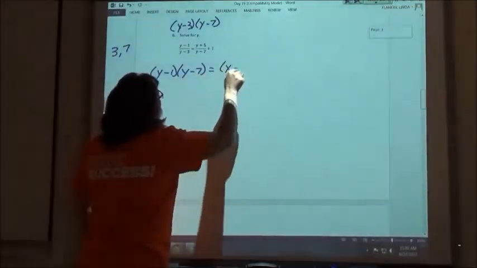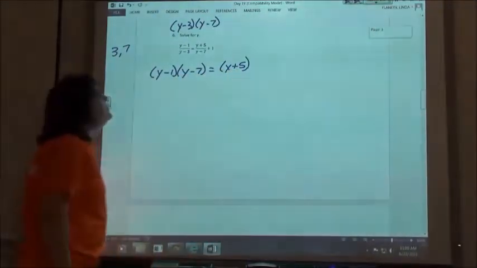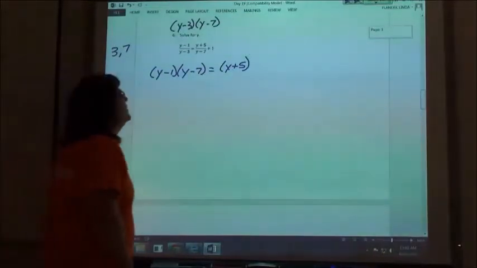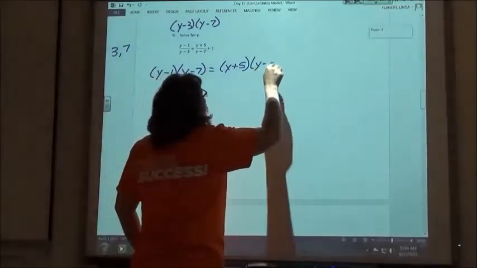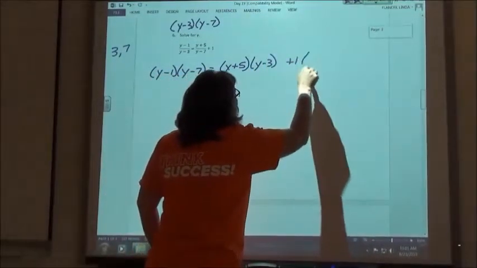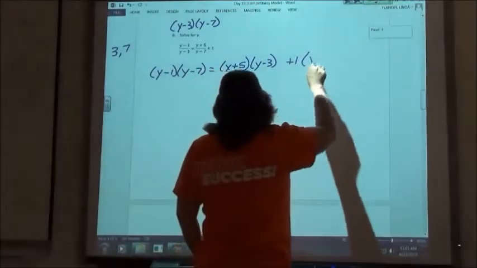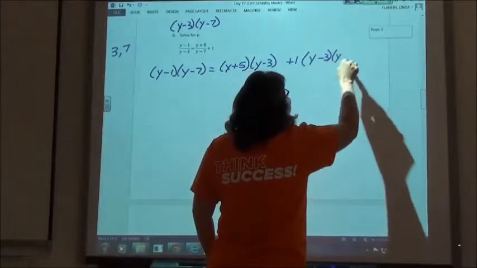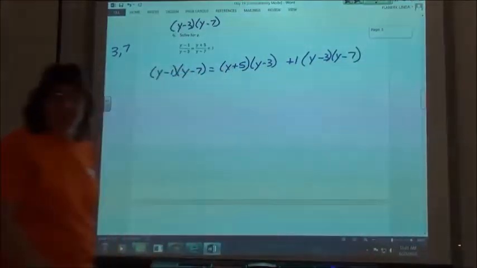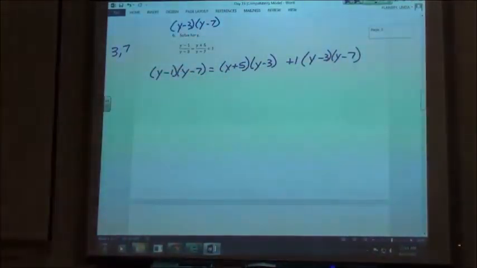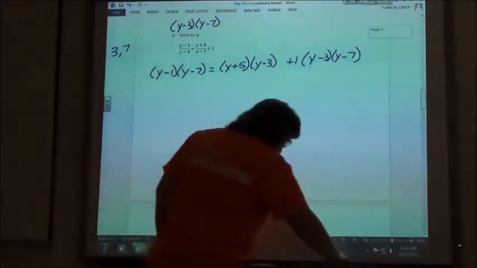I'm going to take the y plus 5 times the y minus 3, and I'm going to take my positive 1 times both of them, y minus 3 and y minus 7. And then I get to do a bunch of FOILing.